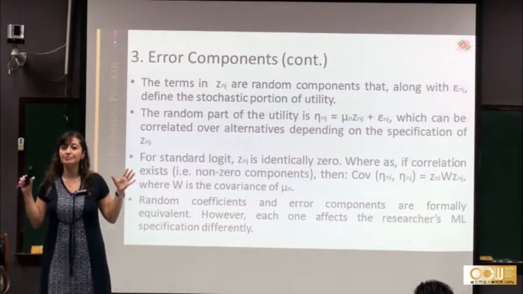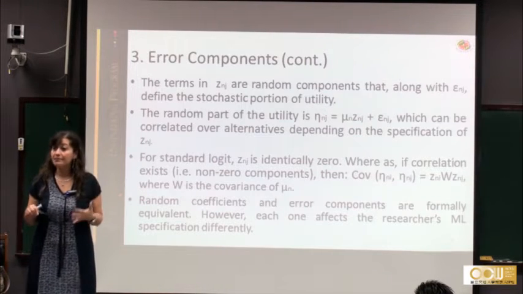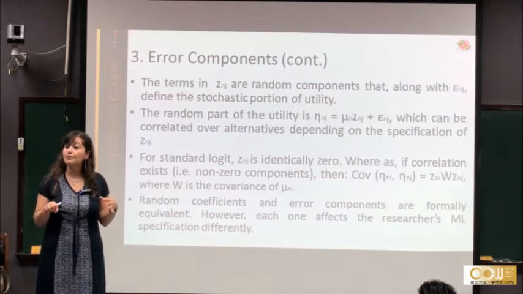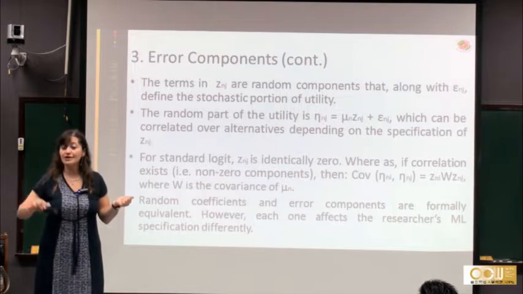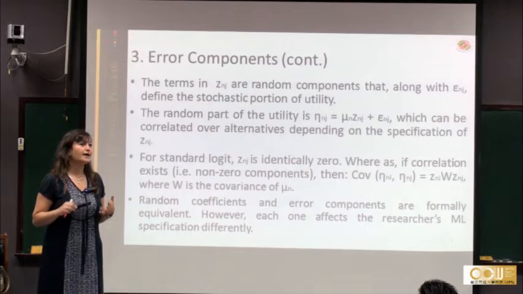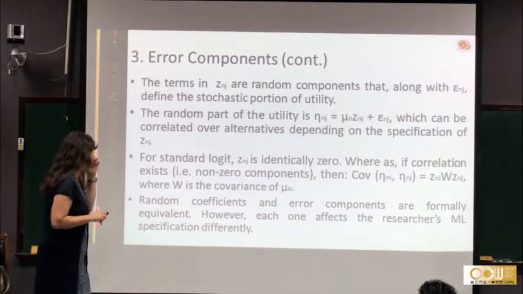They are all under mixed logit, but the interpretation of them is different. And also, you can mix the two. So you can have both random coefficient and error component in your specification, although, as I was saying, once you start to have many of these terms, estimation becomes difficult and interpretation sometimes is also difficult.